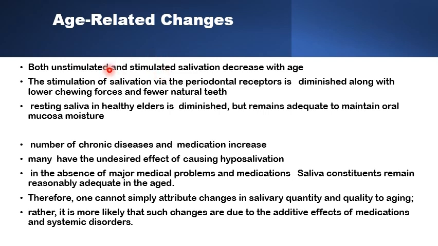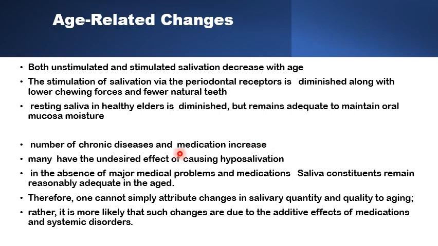The stimulated part of salivation induced by periodontal receptors is diminished, along with the lower chewing forces and the fewer natural teeth remaining. The resting saliva is reduced, even in healthy individuals, but it remains adequate enough to maintain oral mucosal moisture. In general, the number of chronic diseases and medications increases severalfold with age.